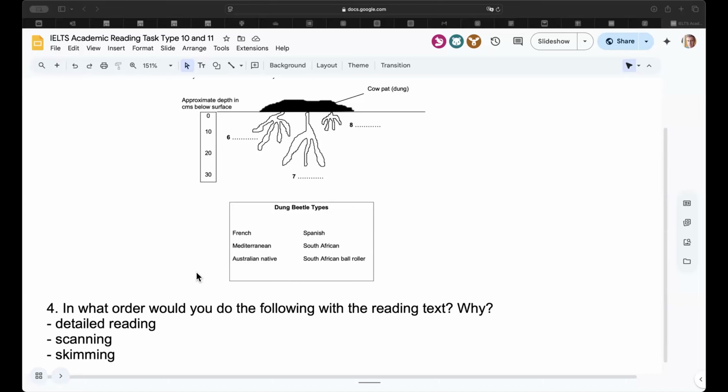So I think skimming would be a great idea to get what the whole text is about. And then scanning, if you are going to look for some specific details or parts from the question, and then detailed reading, that you go further in order to look for specific information, I guess. Right. Well, that makes sense to me.